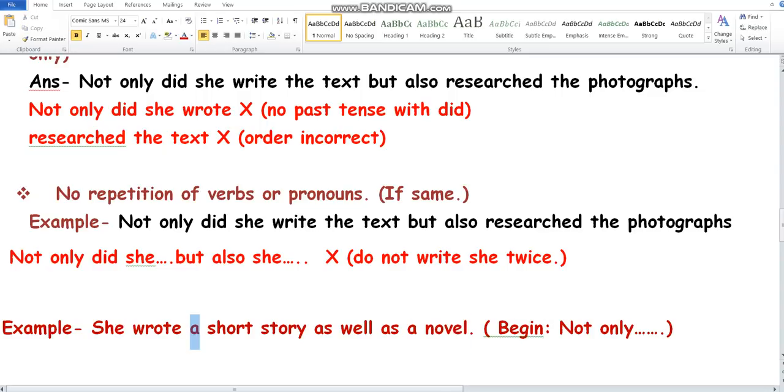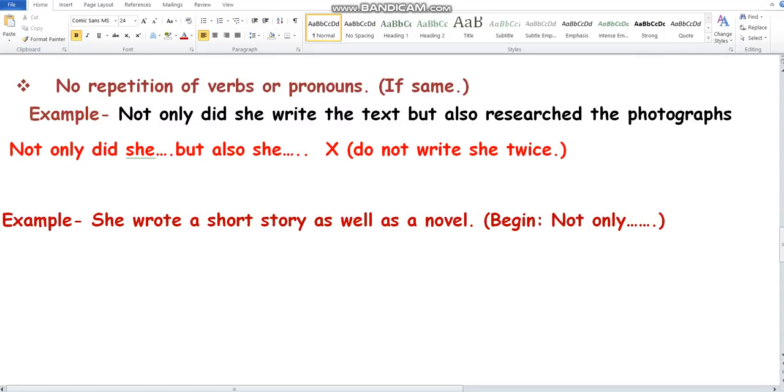Please focus on the articles. A short story and a novel. You have to begin with not only. The answer will be, not only did she write, no past tense with did.